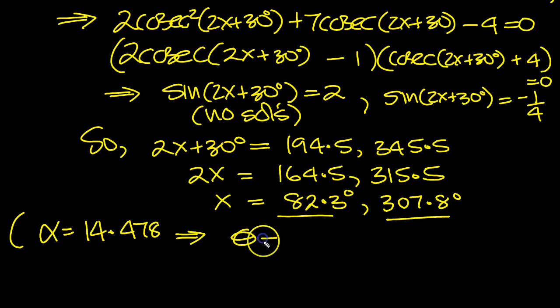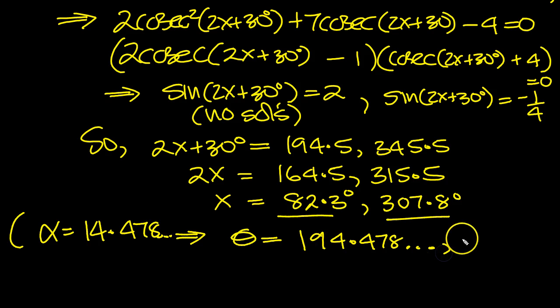So theta is equal to 194.478 and the other value was 360 take away this, which is 345.521. So there's our two solutions.